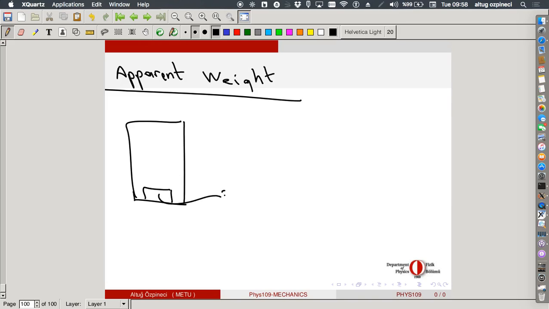Here is a scale. You stand on the scale. Let's say you're on the 0th floor and you want to go to the 2nd floor. So at the moment that you click, the doors close and the elevator starts to move.